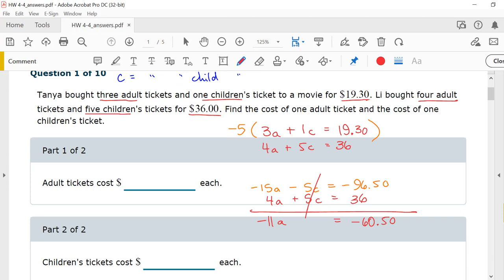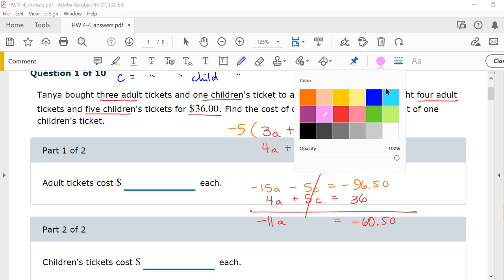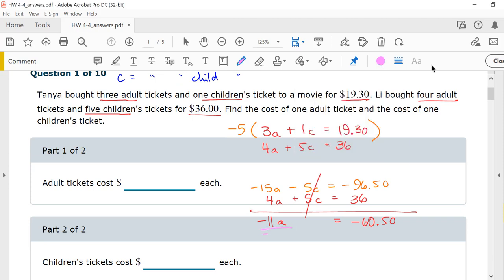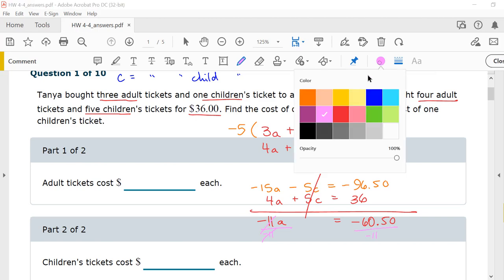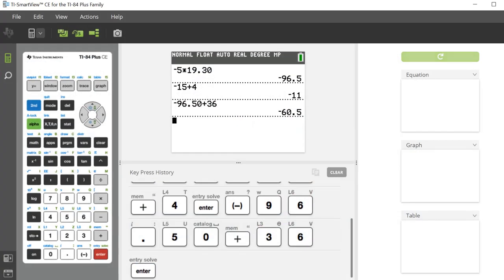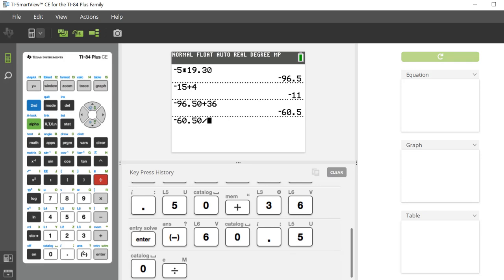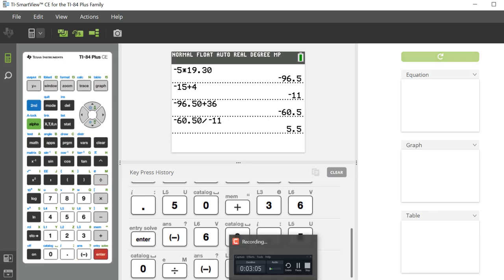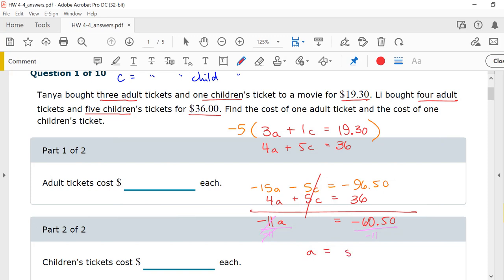Dividing both sides by -11, A will equal -60.50 divided by -11, 5.50. So an adult ticket costs $5.50.